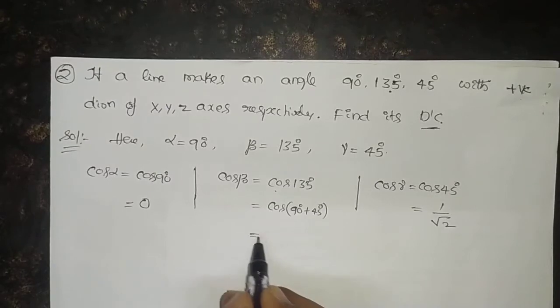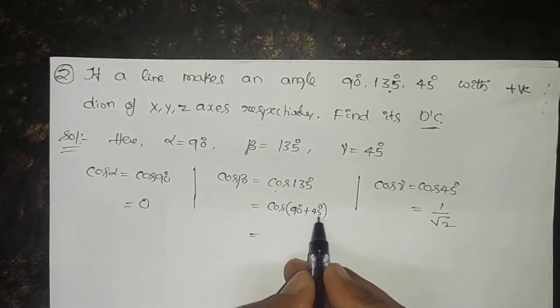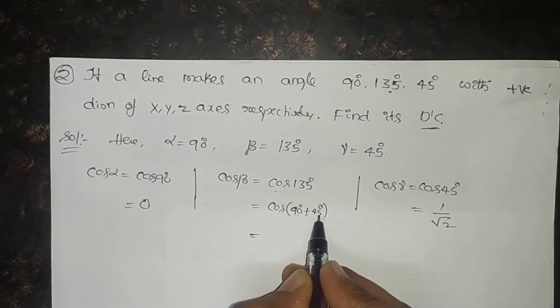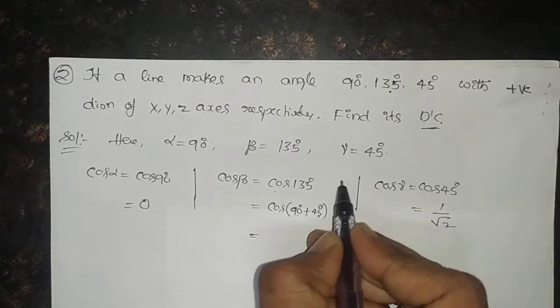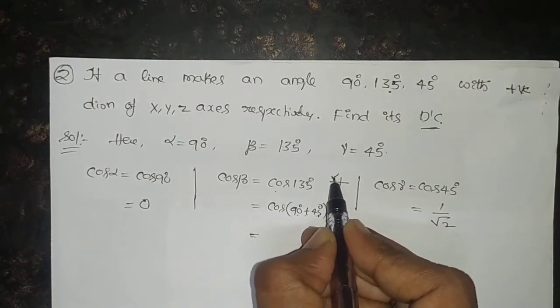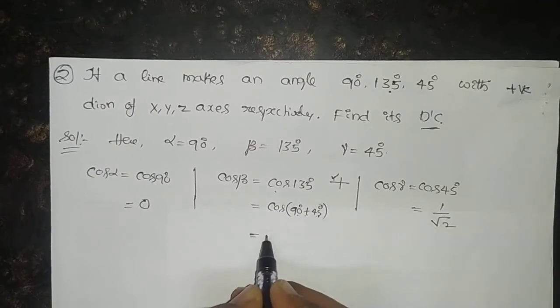Here we have 90 plus theta, which is in the second quadrant. In the second quadrant cos is negative.